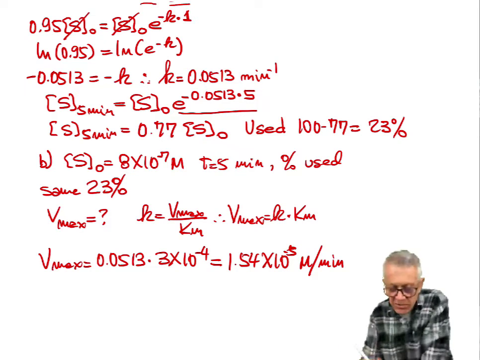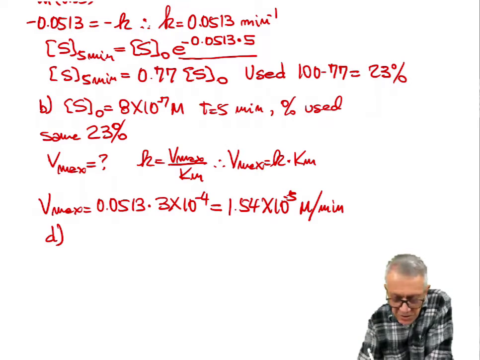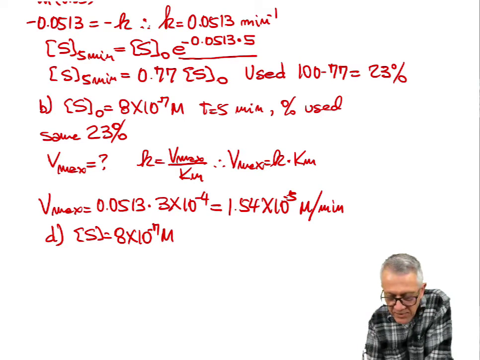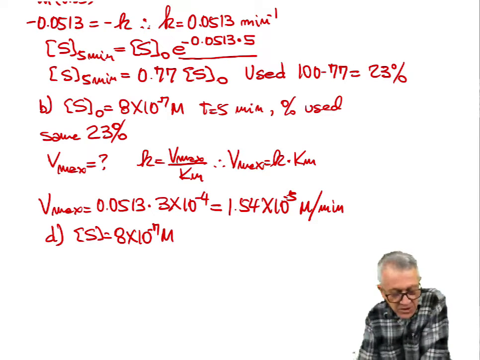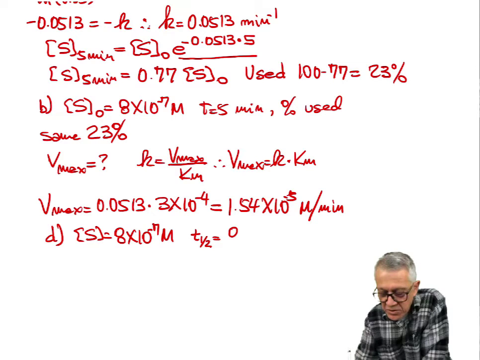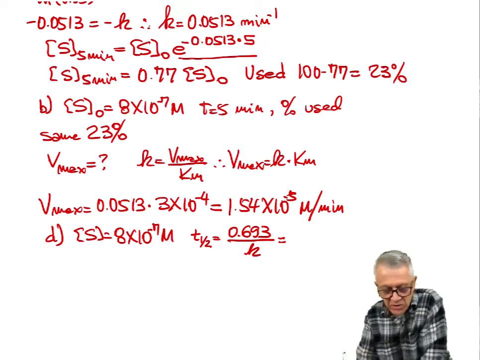Okay, so now question D. Concentration of the substrate being 8 × 10 to the power of negative 7 molar. What would be the time for this to become 50%? 50% is the half time, and we have a direct relationship for half time, which is 0.693 over K. So we don't even need the concentration here.